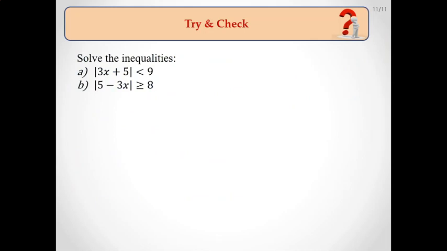Let's solve these inequalities. Look at this inequality. We have less than 9. So remember this. If the absolute value of an expression is less than 9, we have this double inequality.